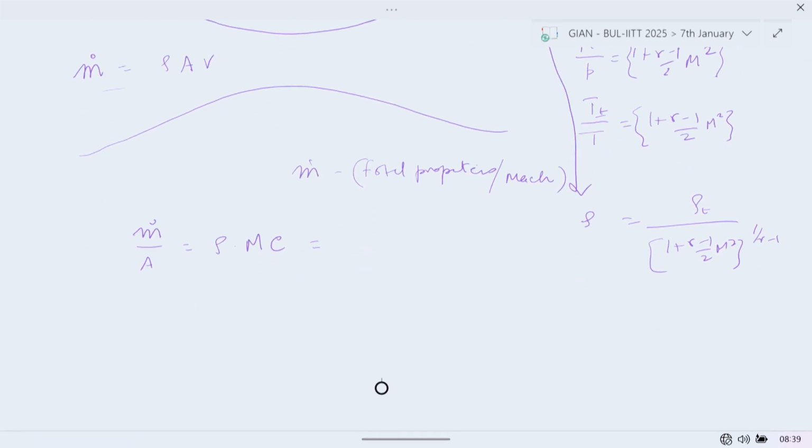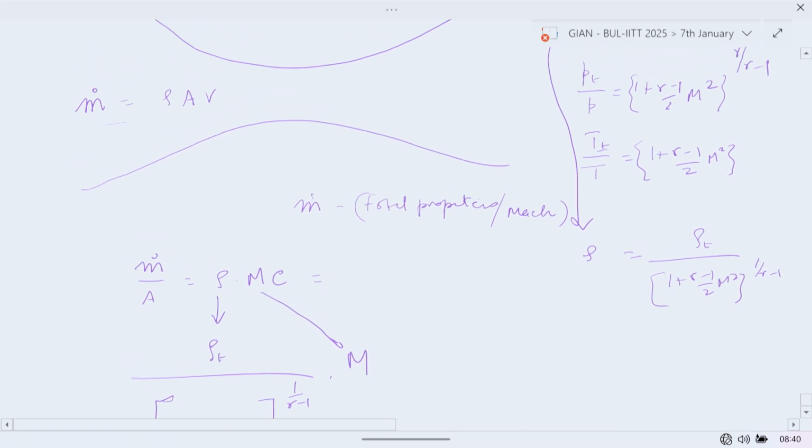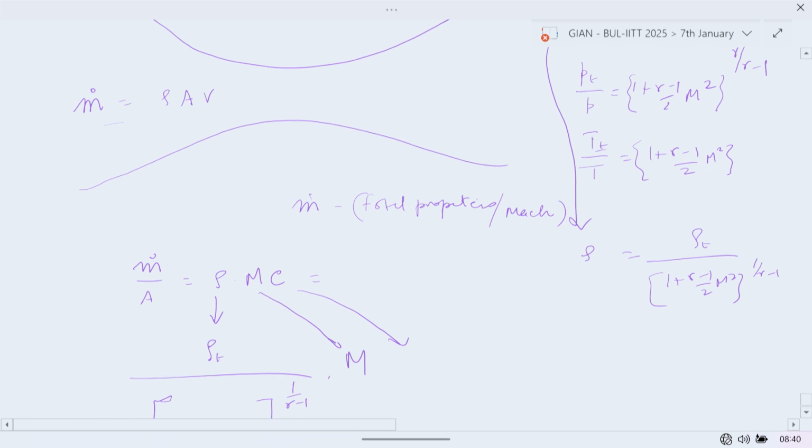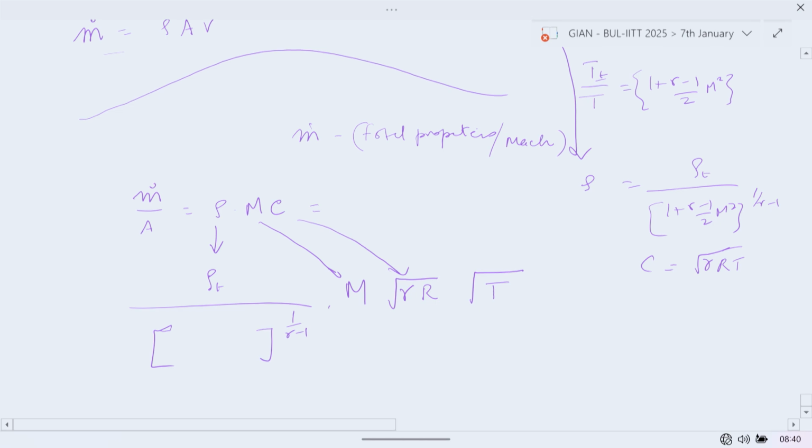Okay, so you understand this one here. And then I have this Mach number here. And then c, I can write as square root of gamma R T. So c is equal to square root of gamma R T.